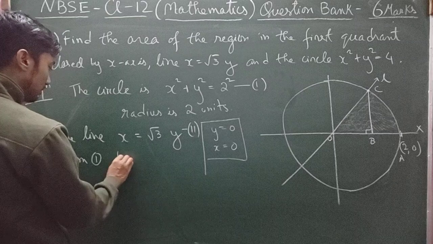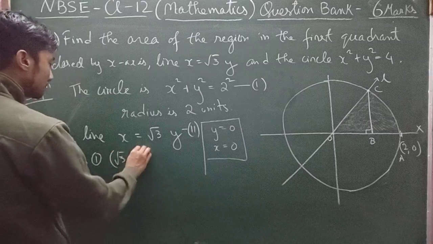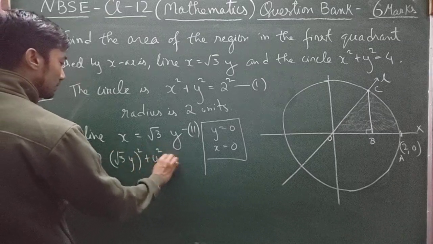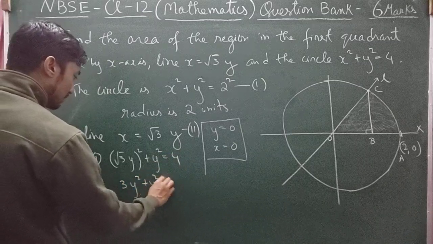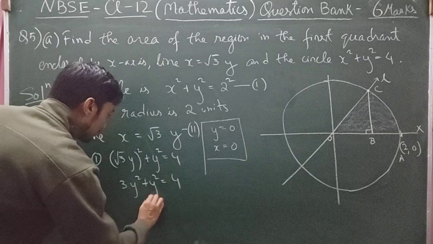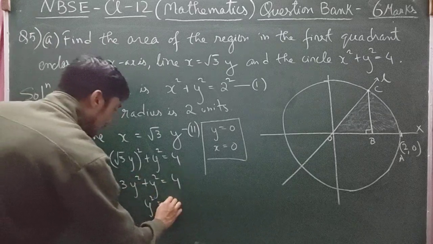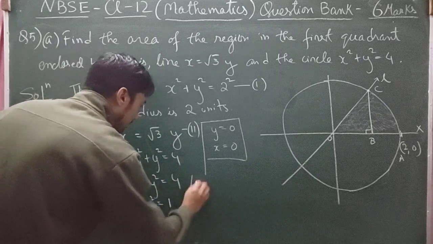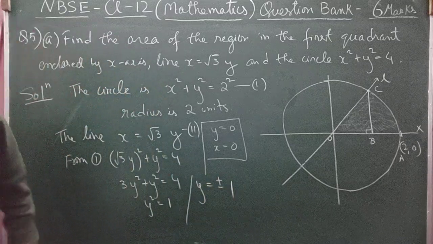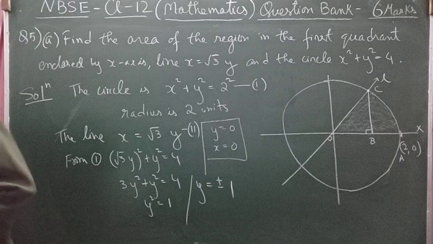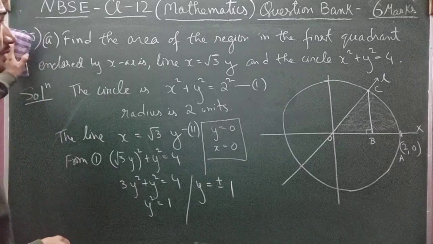That's root 3 y whole square plus y square equal to 4. That's 3 y square plus y square equal to 4, so 4 y square equal to 4, so y square equal to 1. Simple mathematics: y equal to plus or minus 1. Fine, I'm going to rub out the question now.